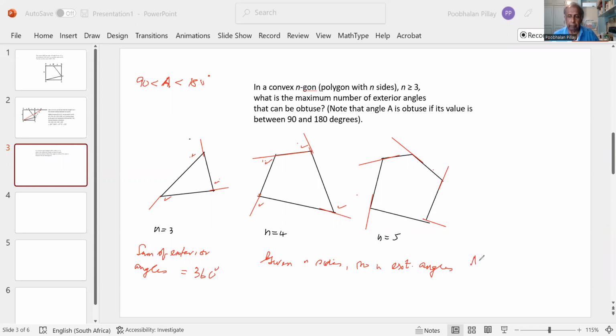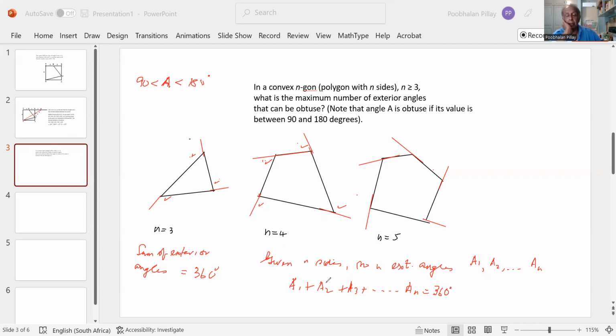We'll call them A1, A2, up to An. And you want to know what is the largest number of these which are obtuse. But we do know that when you add all these exterior angles, you're going to get exactly 360 degrees.